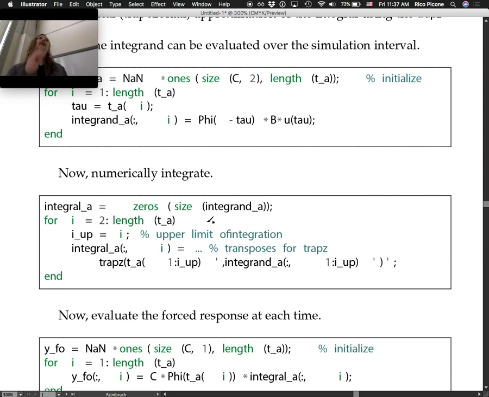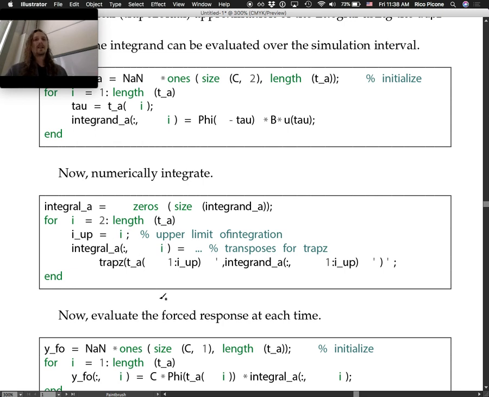You can't find a trapezoid that approximates the area under 1 point, so you have to have at least 2 points. I wanted the first value to be 0 instead of nan. It was just kind of being lazy. I didn't want to write a special if i equals 0 in here, or i equals 1 in here.